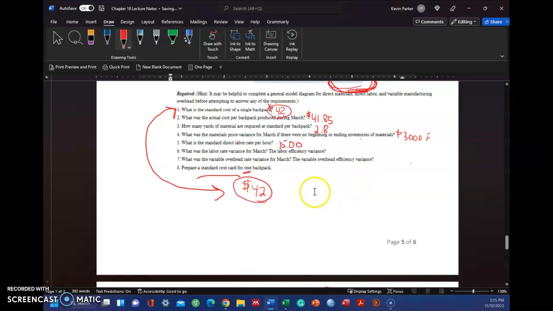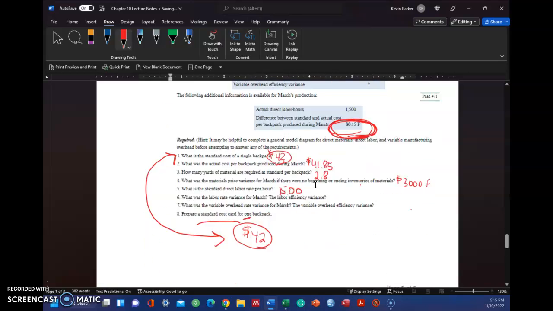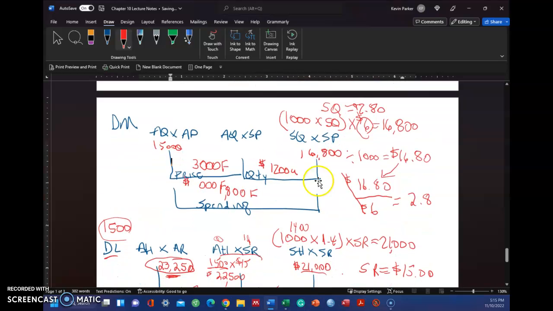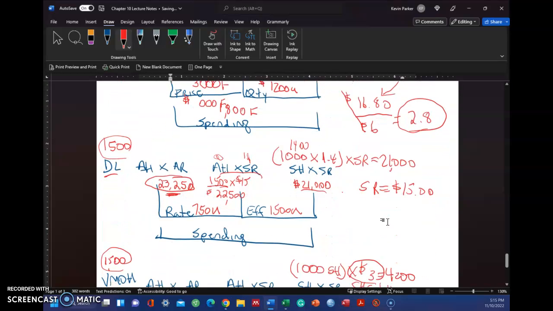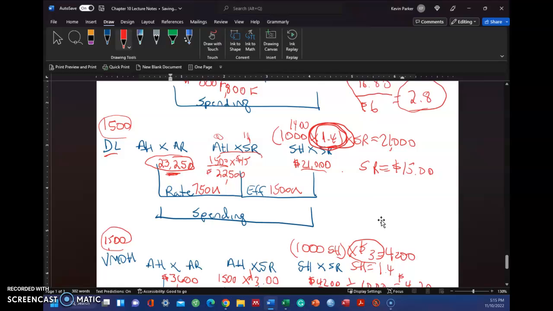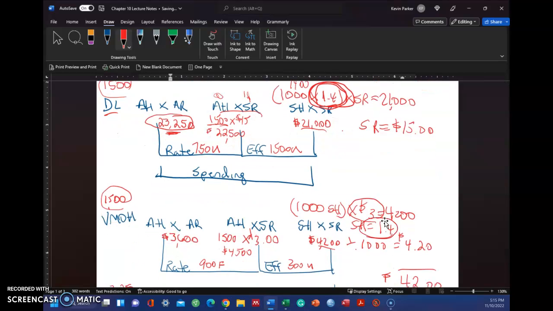Before I move on to the standard cost card, let's look at the numbers that we'll need. Standard yards, 2.8. Standard hours per unit, direct labor hours, is 1.4. And that would be also the same case for variable overhead.